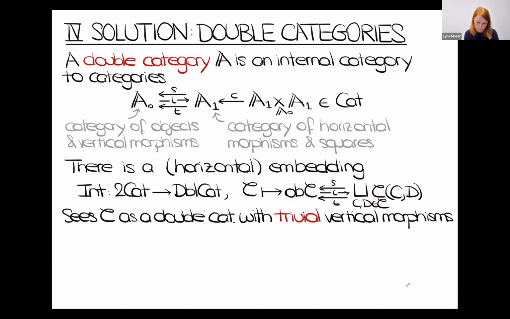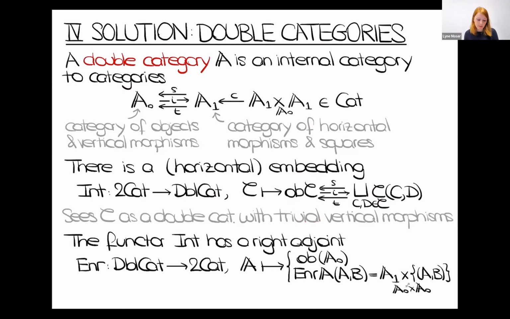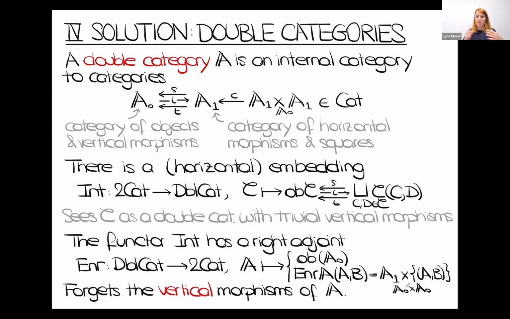And this functor has a right adjoint, which is given by the underlying horizontal two-category, and it sends the double category to this data. Its objects are simply the objects of the double category, so the underlying set of objects of A0, and then the homs are these pullbacks. But this is just taking a double category and forgetting the vertical morphisms, basically.